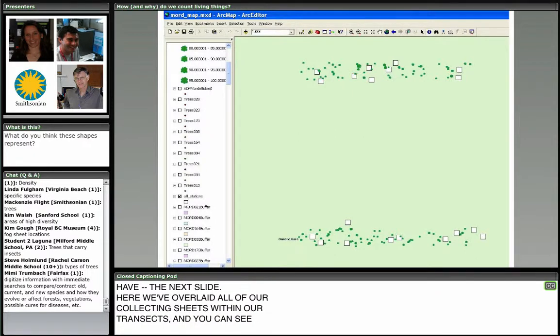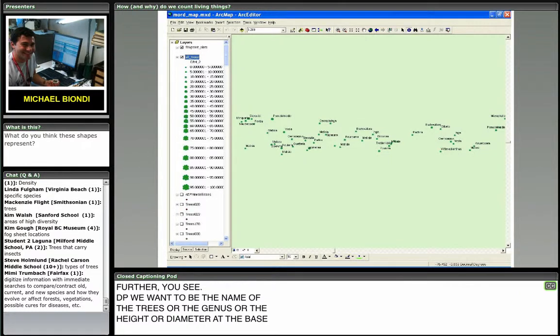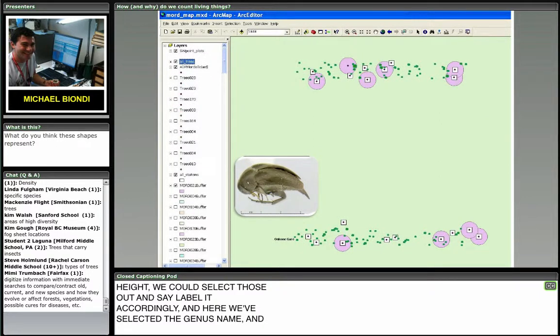If we want to know the names of all the trees, the species name or the genus name, or even the height or the diameter at breast height, we can select those attributes and label accordingly. Here we've just selected the genus names of all the trees in the transect, and that brings up that information for us when it's needed.